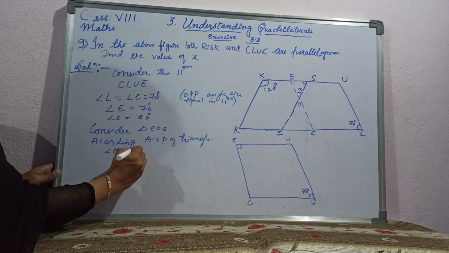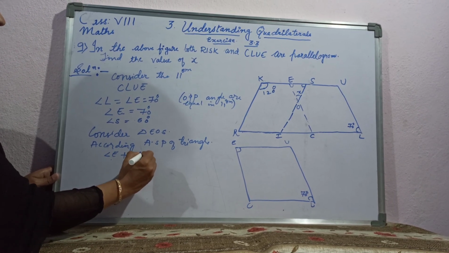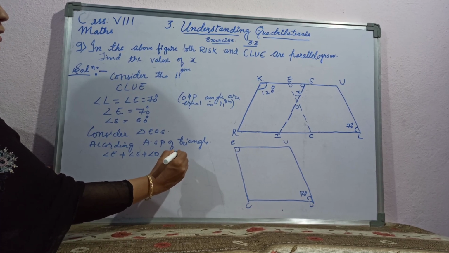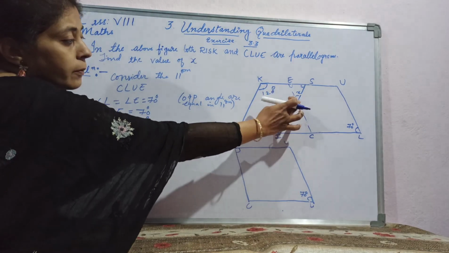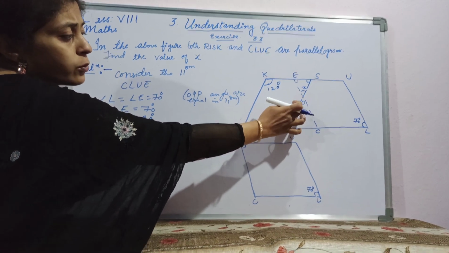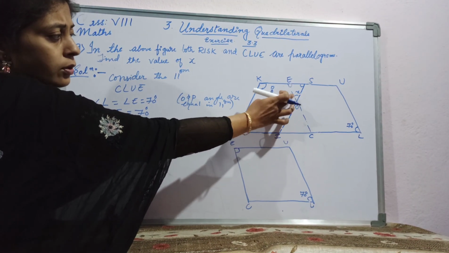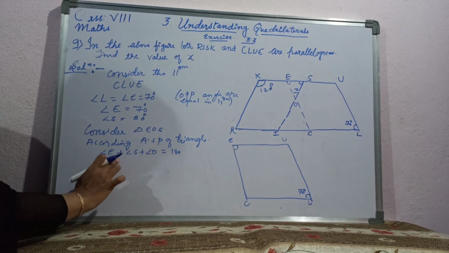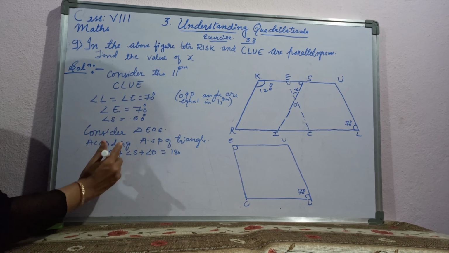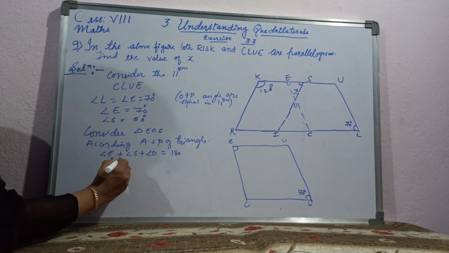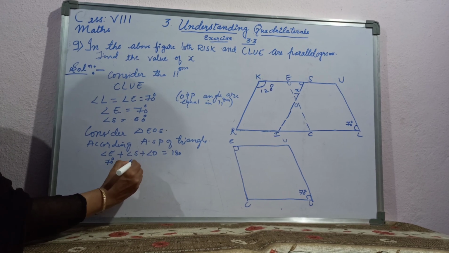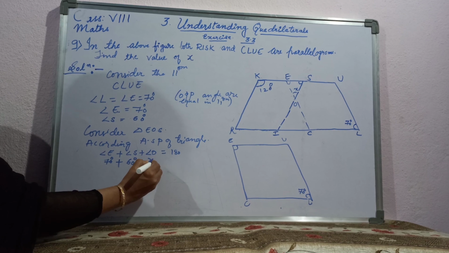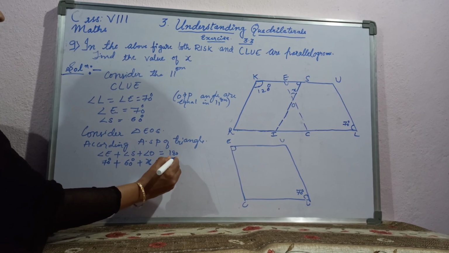So angle S plus angle E plus angle O is equal to 180 degrees. As you have seen, this point we have named to be O, so therefore EOS or SOE is the triangle we have considered. Therefore angle E, as we know, is equal to 70 degrees, whereas angle S is found to be 60 and angle O is unknown, that is x, equal to 180 degrees.